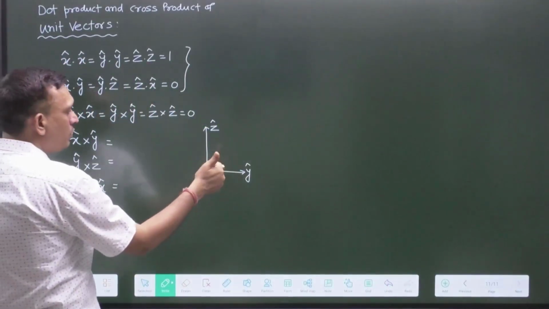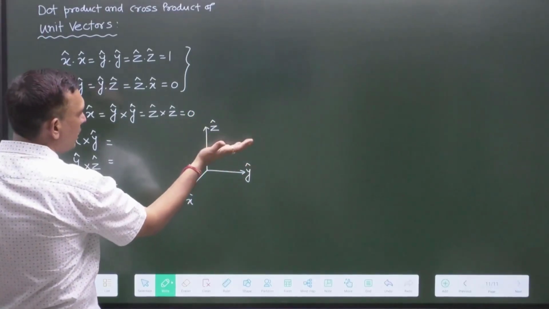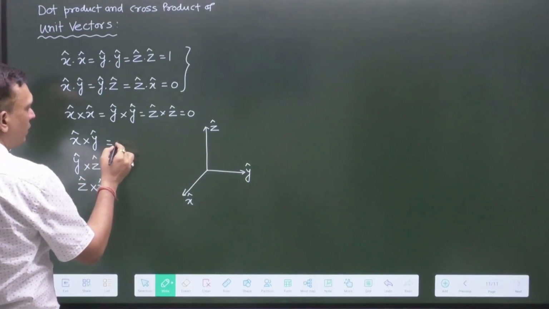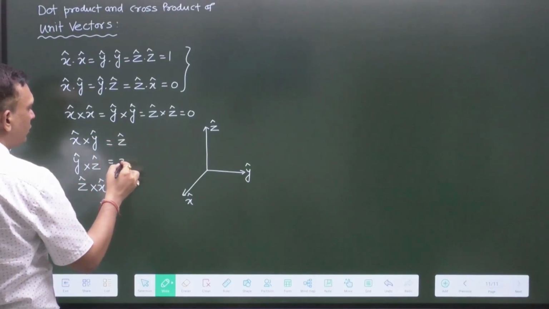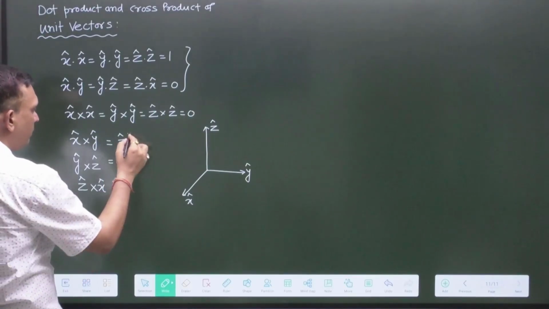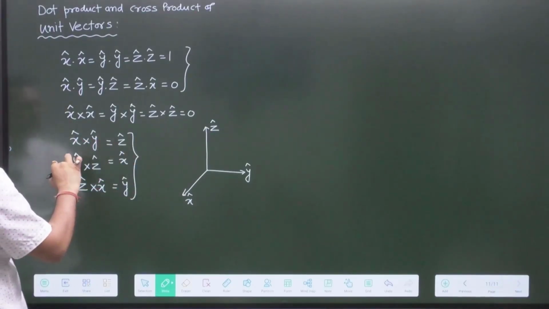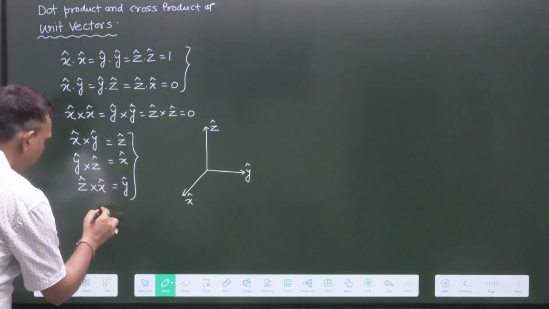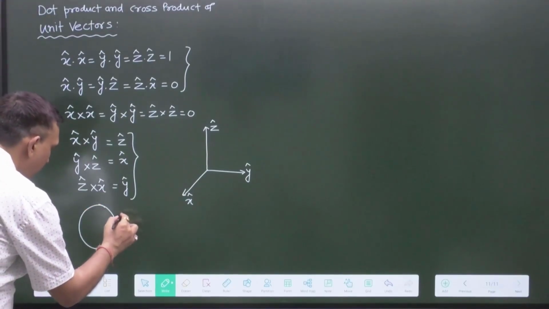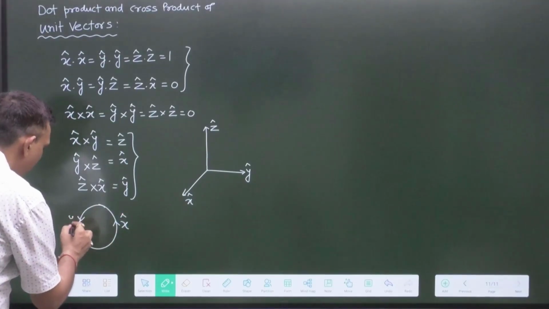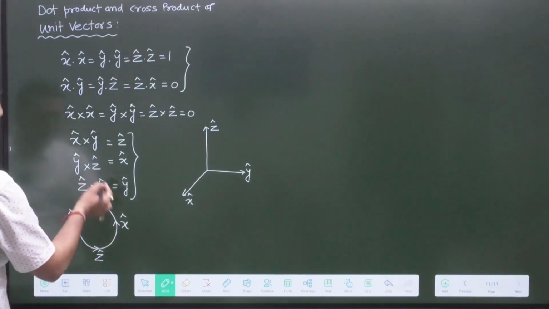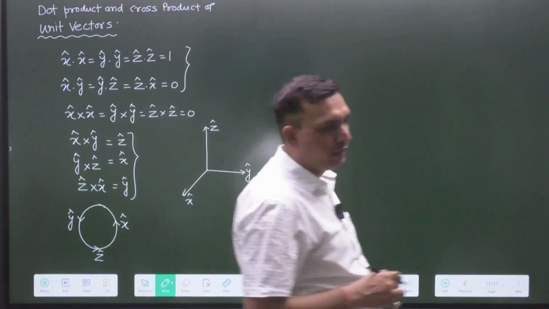So x cap cross y cap is z cap, y cap cross z cap is x cap, and z cap cross x cap is y cap. If you take y cap cross x cap, you will get a minus sign. So you can remember this: if you move in anti-clockwise direction, this is the right hand rule, you will get a positive sign. But if you move in the opposite direction, you have to take a negative sign.